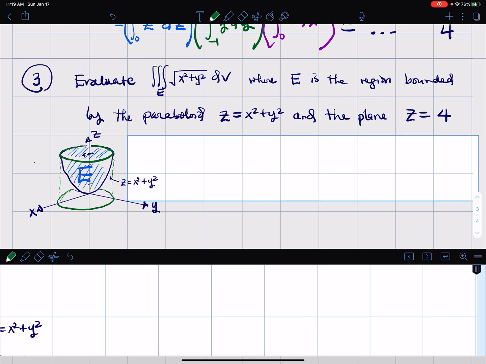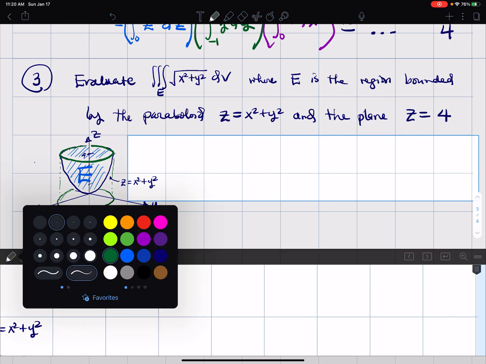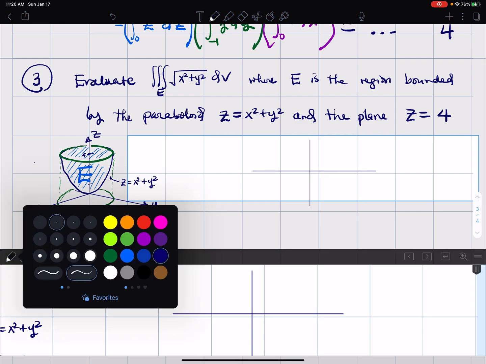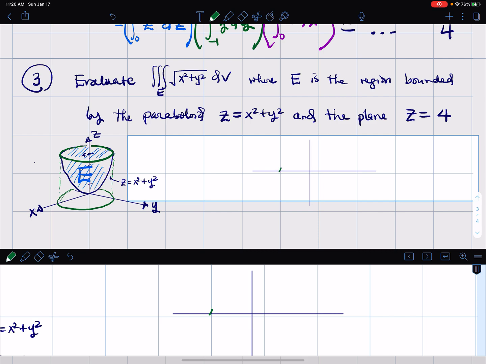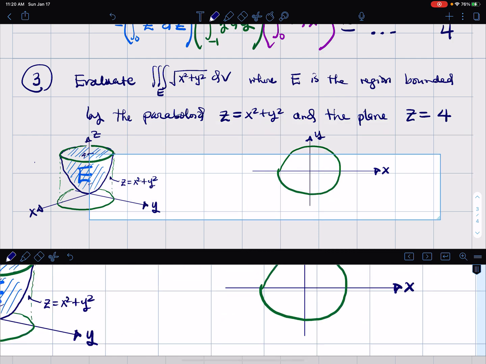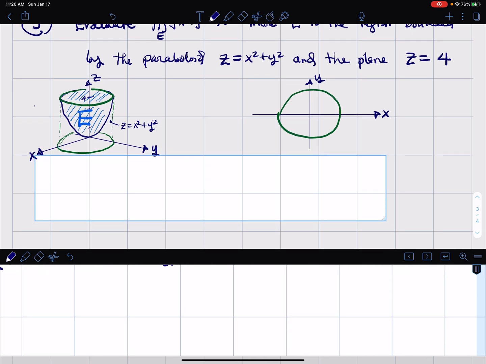And then on the XY plane, you have the green region. Can you imagine that? All right. So we're familiar with this. Let's see what we can do now.